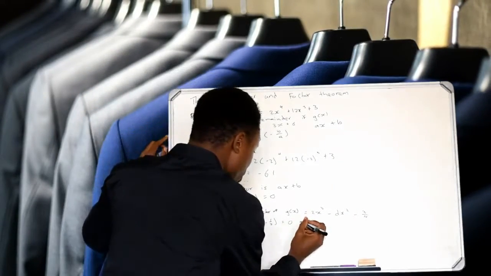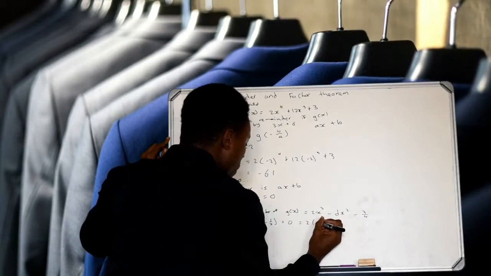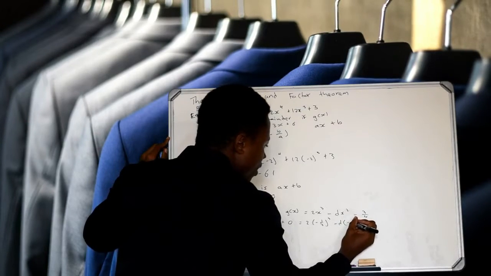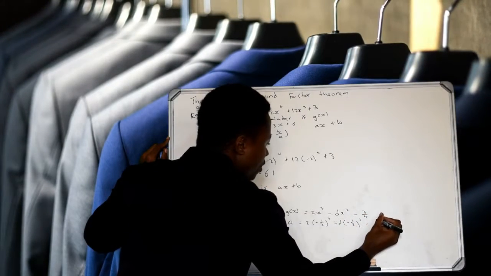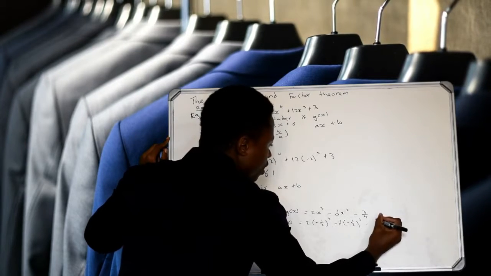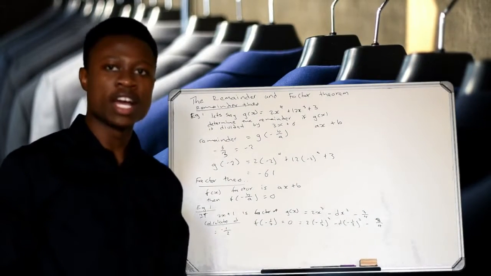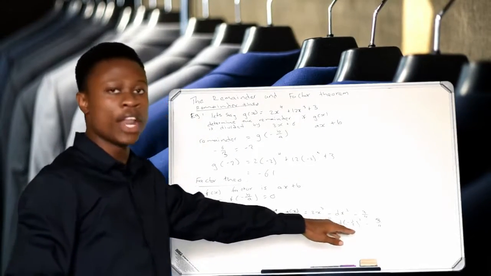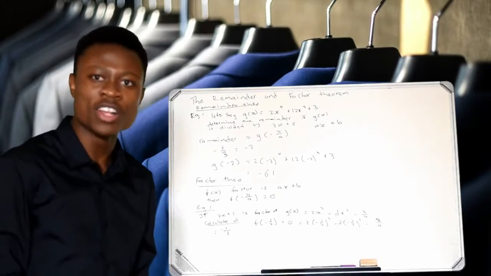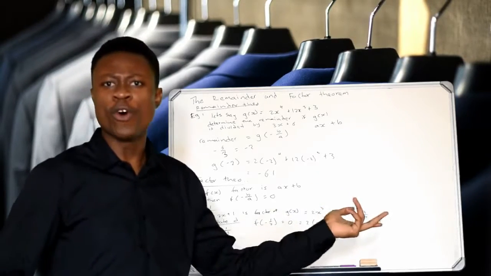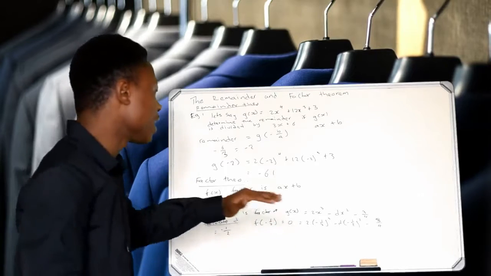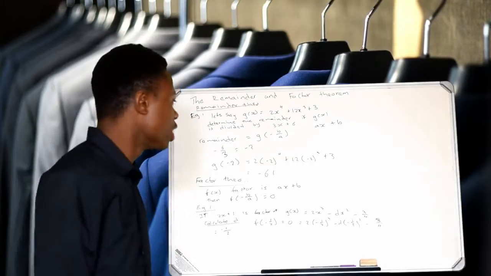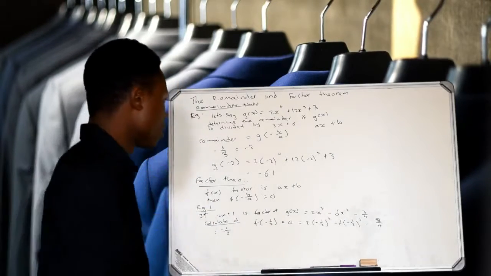It's equal to 2 times negative half cubed minus d times negative half squared minus 3 over 4. So this is what my equation looks like. How many unknowns do I have in my equation? Only one, the only unknown I have is d. So can I find the answer? Of course I can. This is straightforward now. This is a free mark right about here. So if you can get here, you can practically get all the marks if you don't make a dumb mistake, if you stay concentrated and focus.